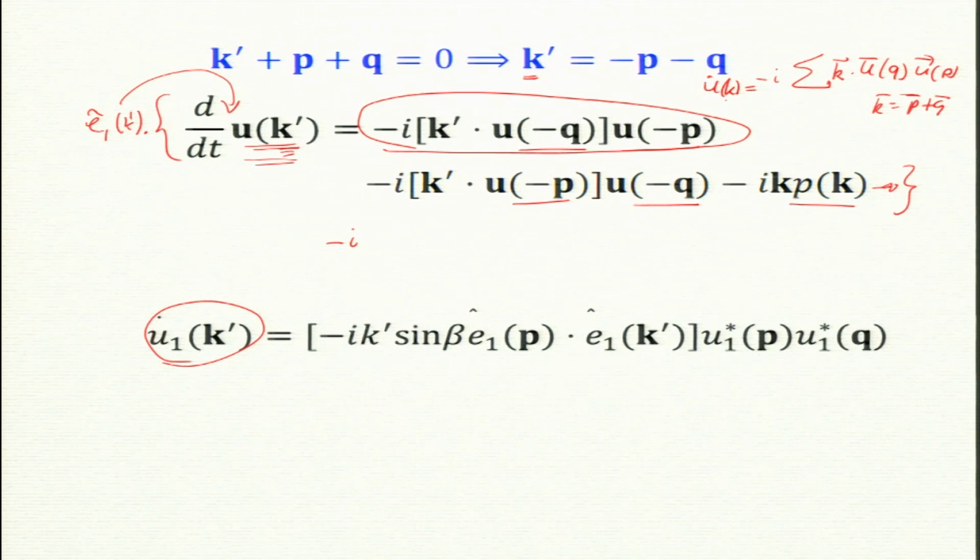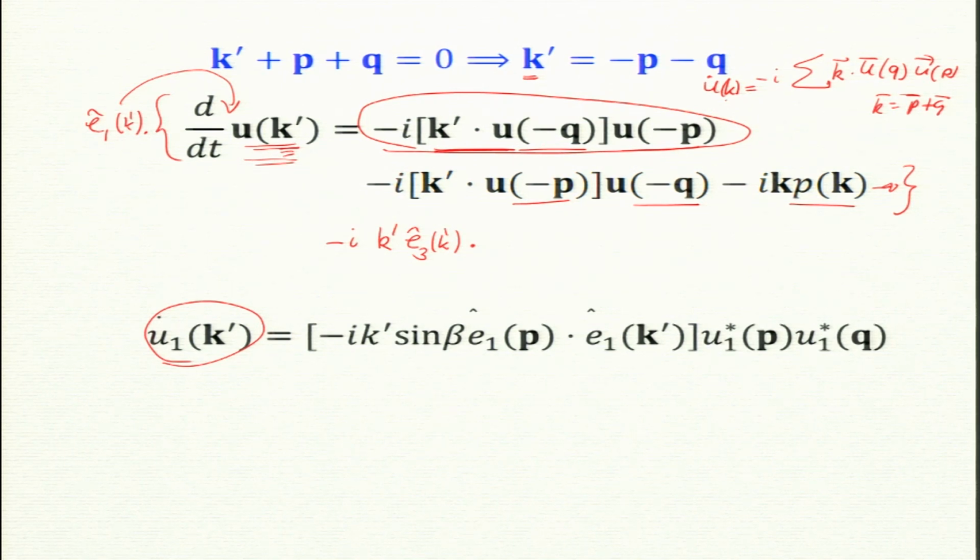So what is the k prime dot u of minus q? Let us look at this one. Just focus on this. k prime is k prime magnitude E3 of k prime, it has only a component along E3. Now, this u of minus q has components along u1 and u2, but what about the u2 component?